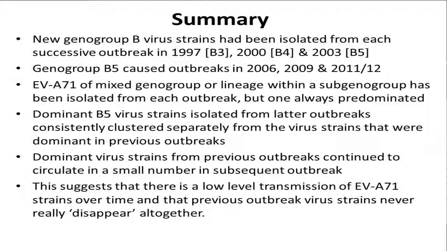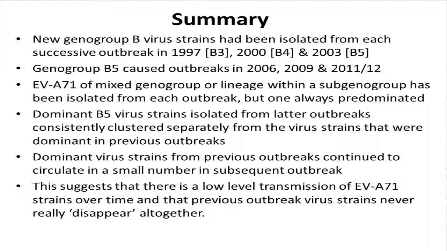So even the dominant virus strains from previous outbreaks continue to circulate in small numbers. You don't only see the variant outgroup strains reappear in the future from previous outbreaks, but the dominant ones also continue to circulate in small numbers.